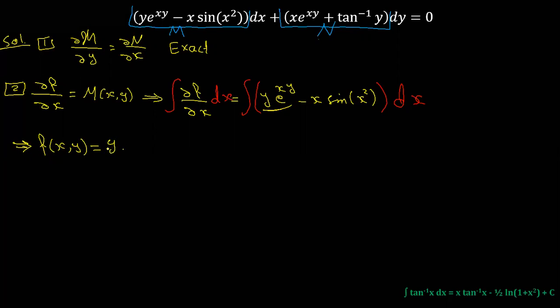Actually, if you need to integrate, you have to divide by x's coefficient, so divide by y. So it will be e to the xy divided by y. Yes, you are right. When you need to differentiate, you will multiply. When you need to integrate, you will divide.